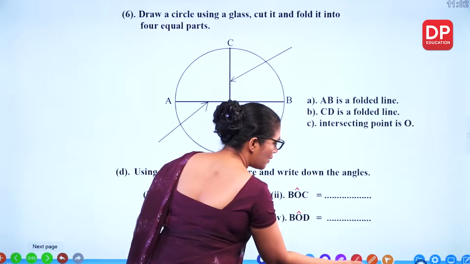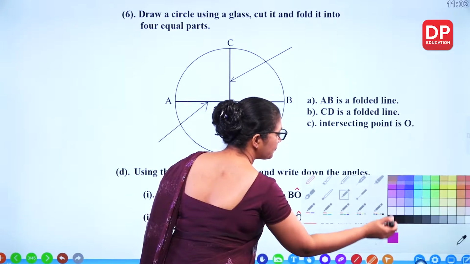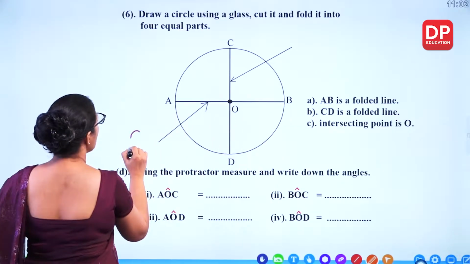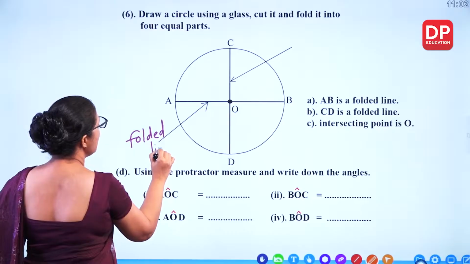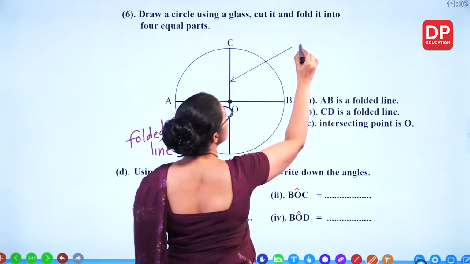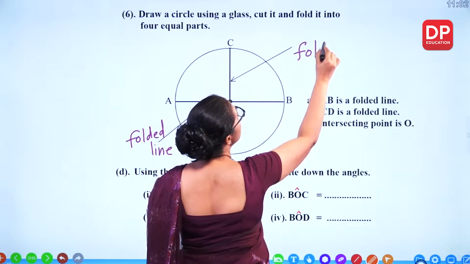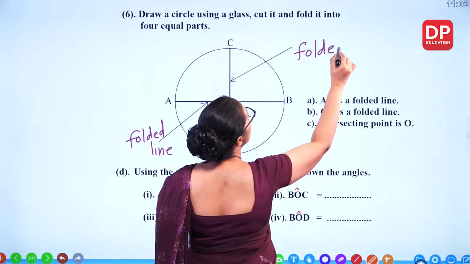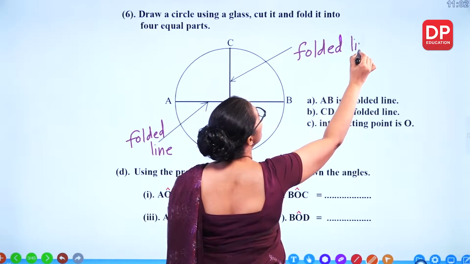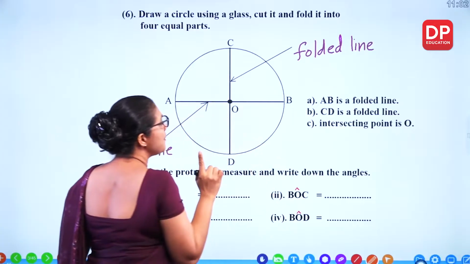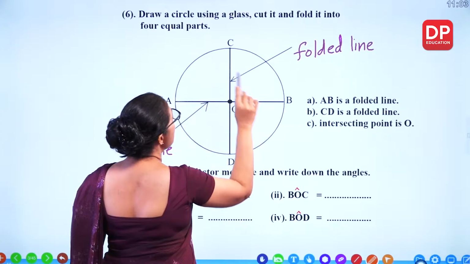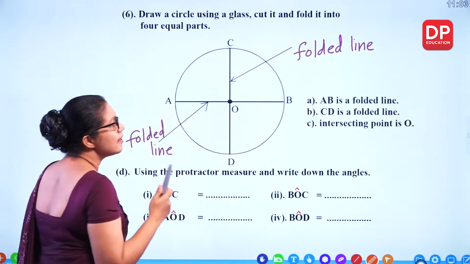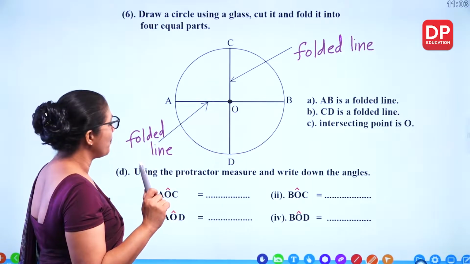Those are folded lines. Then the intersecting point of AB and CD is the point O.